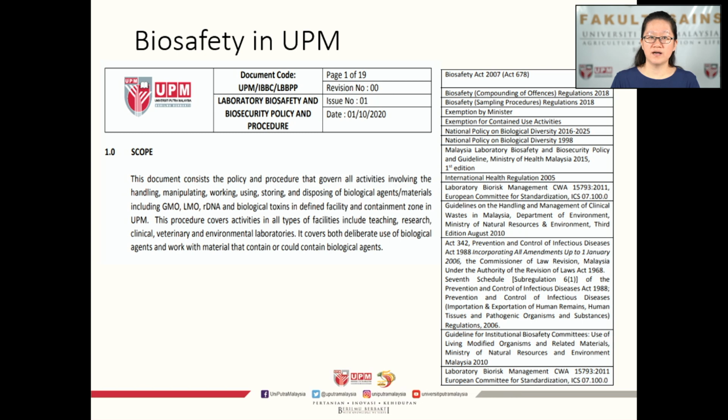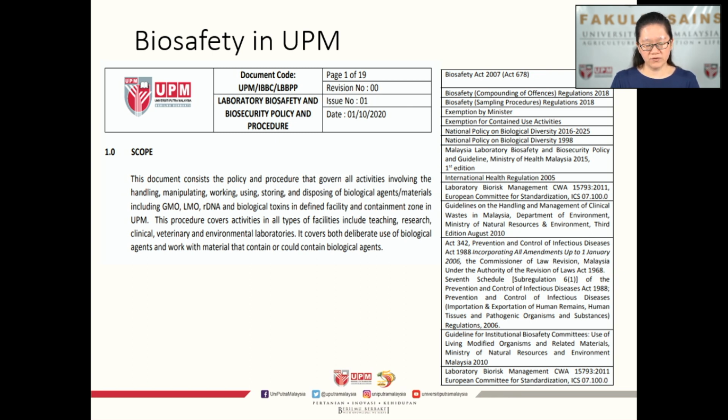The procedures cover activities in all types of facilities including teaching, research, clinical and environmental laboratories. It also covers both deliberate use of biological agents and work with material that contains or could contain biological agents.